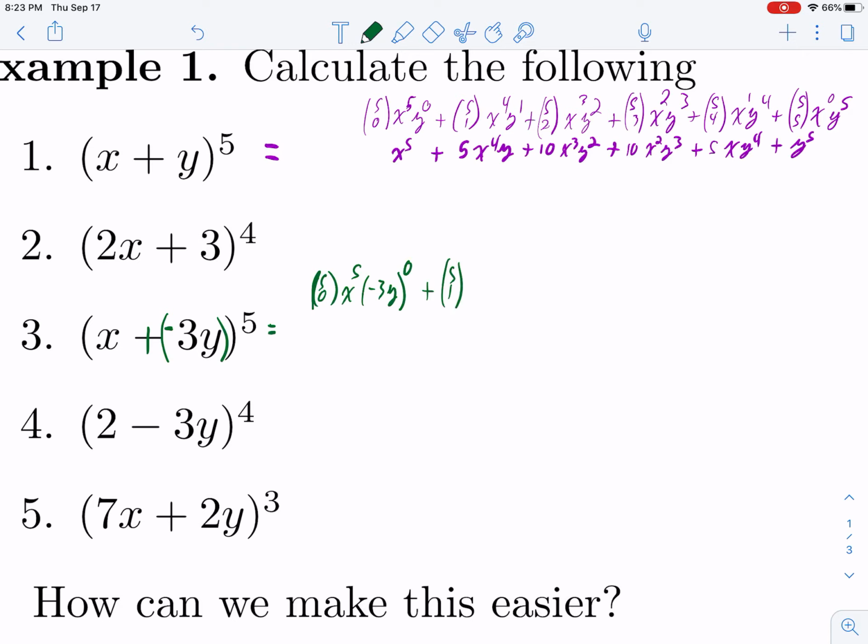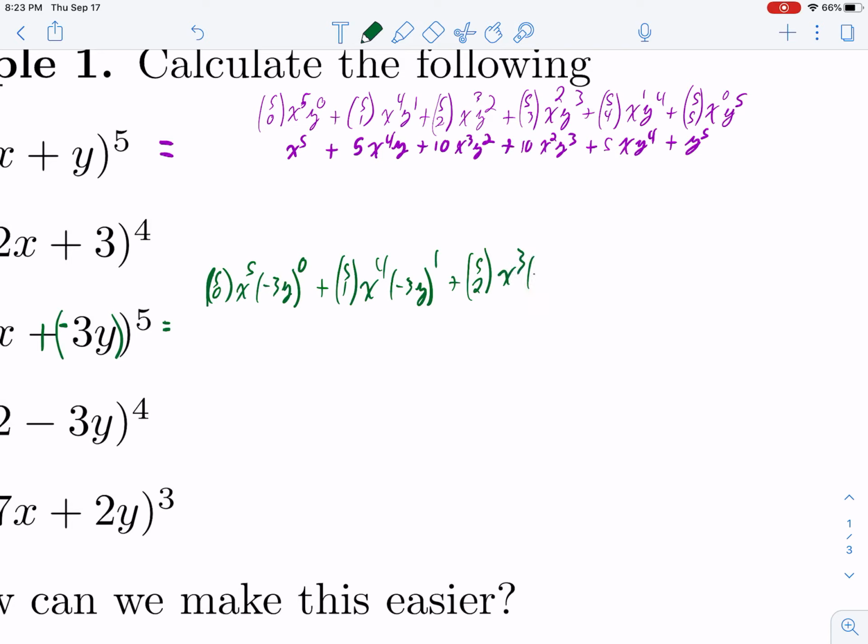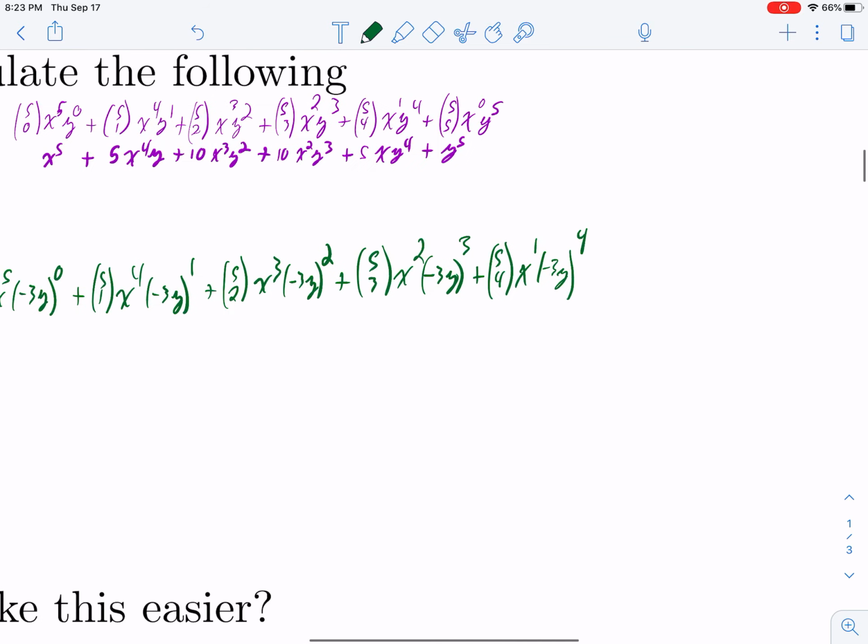Plus 5 choose 1, x to the fourth, minus 3y to the first, plus 5 choose 2, x to the third, minus 3y squared, plus 5 choose 3, x squared, minus 3y cubed, plus 5 choose 4, x to the first, minus 3y to the fourth, and plus 5 choose 5, x to the 0, minus 3y to the fifth.